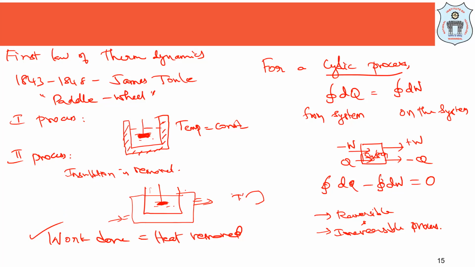What is that? Heat interaction depends on the path followed by a system, and it is a path function, and there exists a point function called energy, E. Okay, so what is energy?